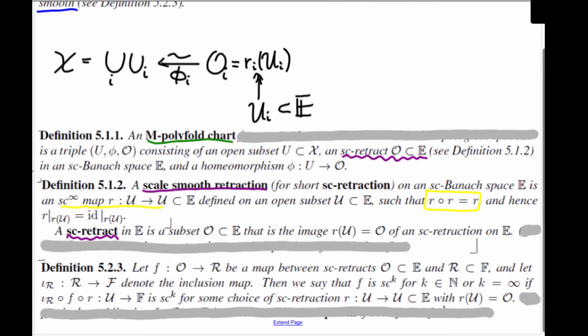So I've made sure that I call things U if they are open, and this O thing here is not open, right? Well, it's equal to this image here, but we'll see examples where that image of the retract is not open. This set here is open, and this is an open cover.